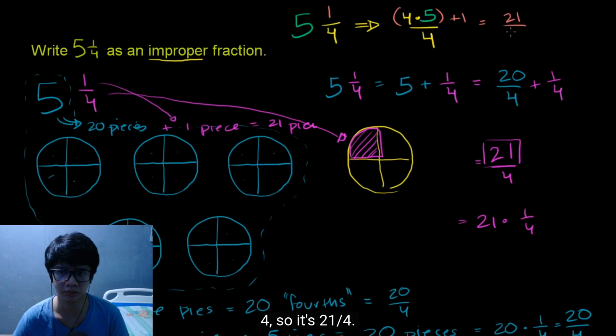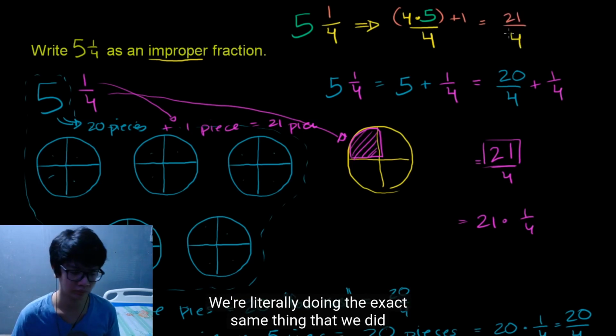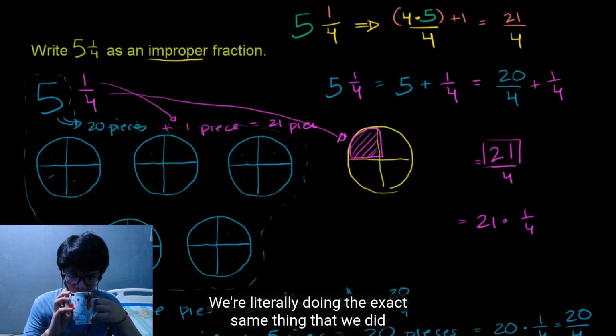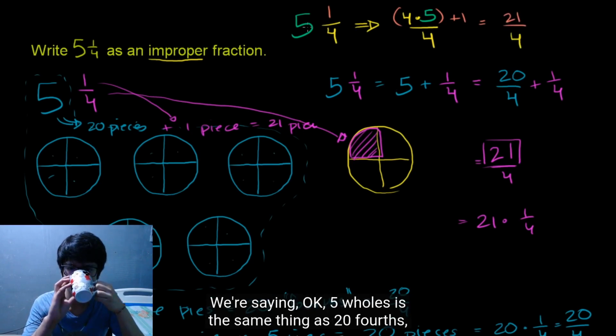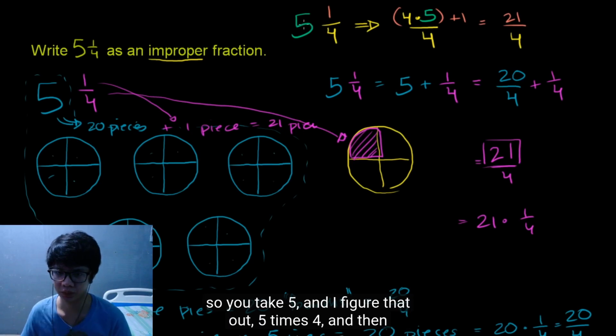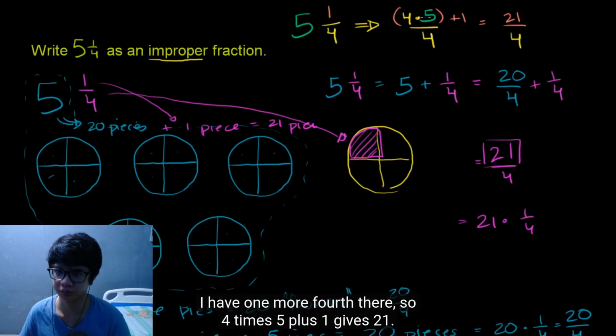So it's 21 fourths. And although this is kind of a fast way to do it, we're literally doing the exact same thing that we did here in a kind of a slower way. We're saying, okay, 5 wholes is the same thing as 20 fourths. So you take 5 times 4. And then I have one more fourth there. So 4 times 5 plus 1 gets 21.